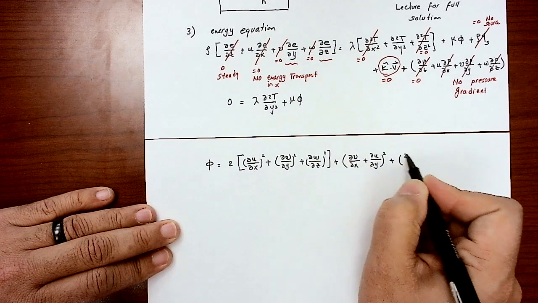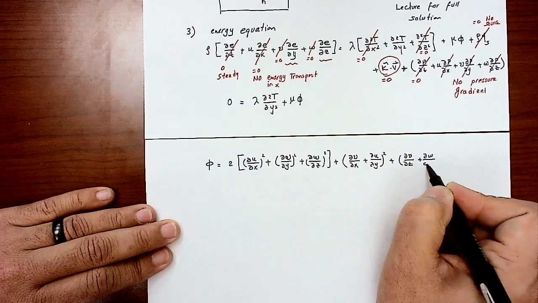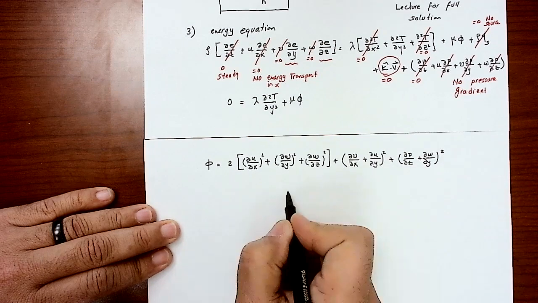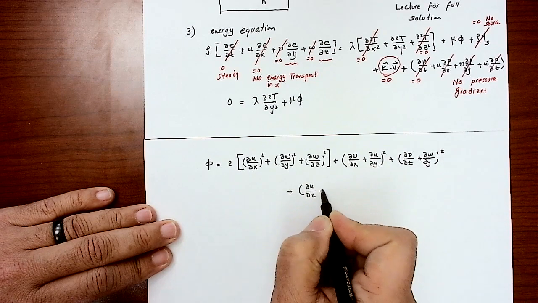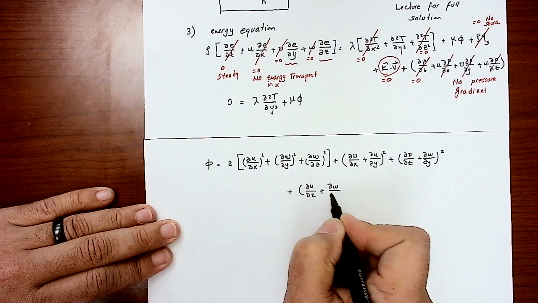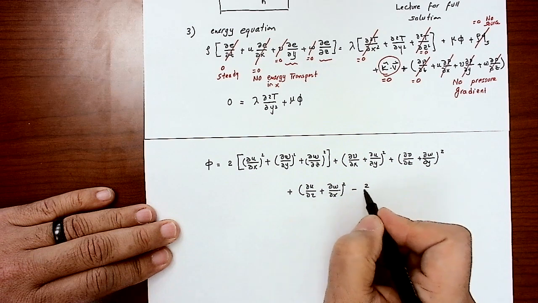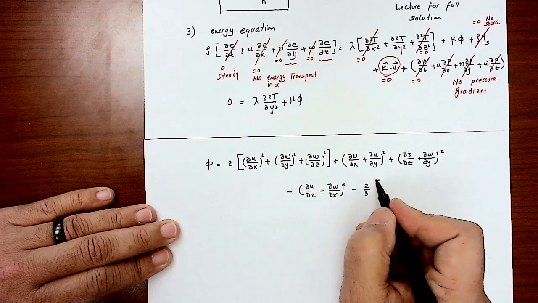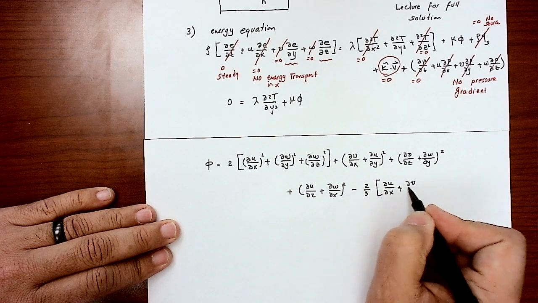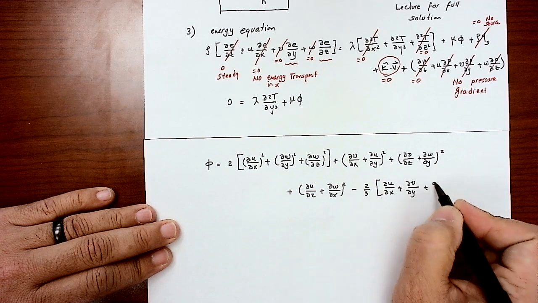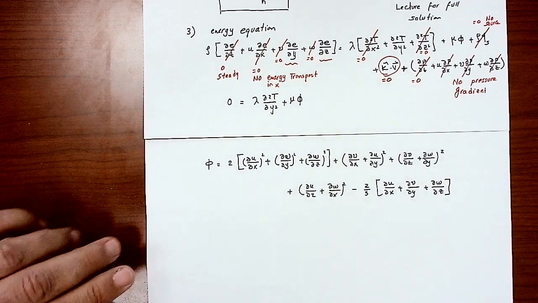Then you take the v relative to the z, so this will be partial w by partial y squared, plus you'll take u relative to the z plus partial w by partial x, that's squared. Then we have minus 2/3 of partial u by partial x plus partial v by partial y plus partial w by partial z, squared. So this is the full dissipation function here.